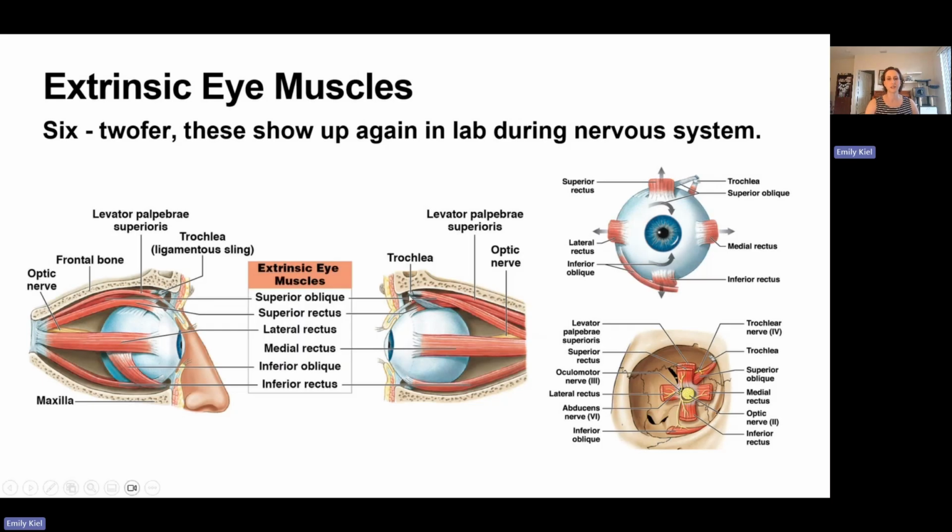It is part of the bone, part of the tissue here, and it's going to make the eye look inferiorly and laterally when that muscle is contracted. This becomes important because we're going to talk about the trochlear nerve in the nervous system. If you remember that superior oblique goes through the trochlea, then when you hear about the trochlear nerve, you're going to know that's obviously the muscle that it moves.